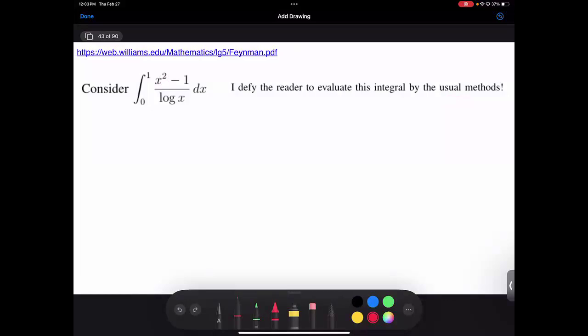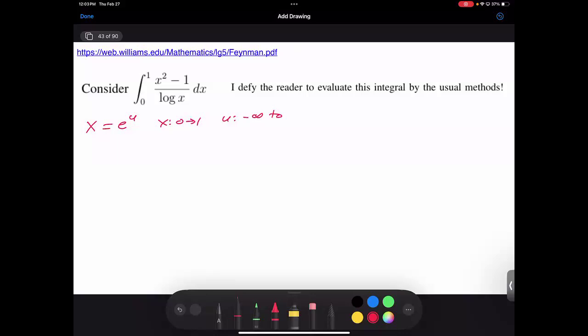So one is you could try x equals e to the u. As x goes from 0 to 1, what does u go from? When x is 0, u has to be negative infinity.